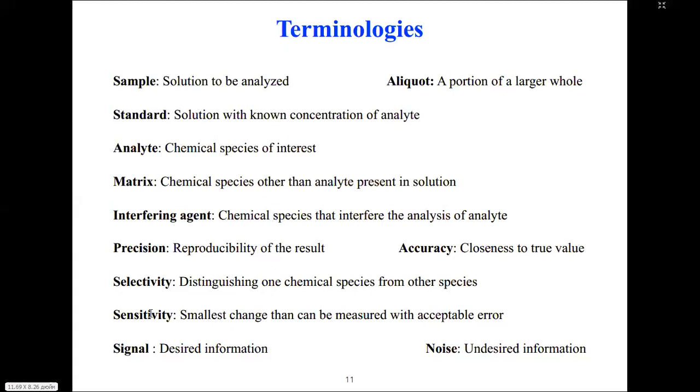Now the next terminology is signal. Signal is the desired information, and the other one is noise. Noise is the undesired information. These signal and noise are like in the classroom: you want to hear what your teacher is talking about. You don't want to listen to the other students talking.